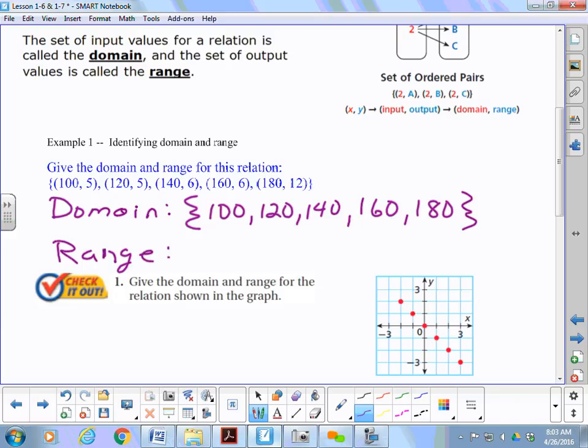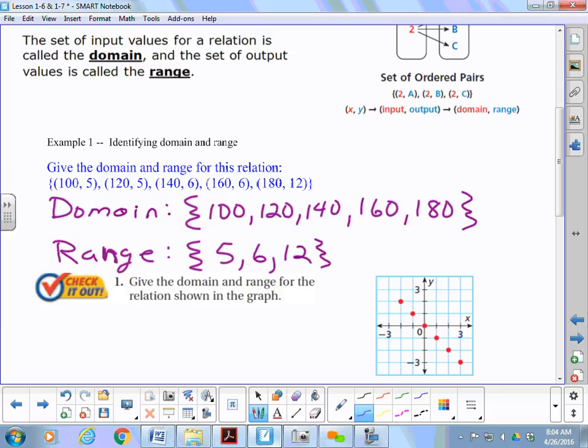In any case, when we do the domain and range, we go smallest to largest, and you only list them one time. So when we look at our y values, we have 5, 5, 6, 6, and 12. Well, we only list one 5 and one 6 to get that range. Don't do two 5s and two 6s.